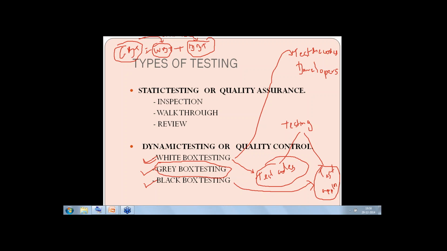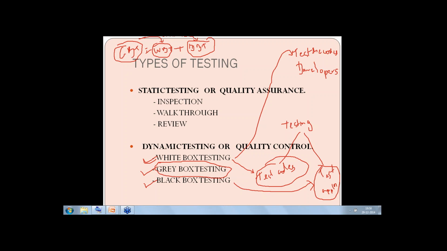I don't see the codes. I will test the application to check if it is logging in or not, if it is logging out or not. Can I compose the mail? Can I send the mail? That's basically a black box tester where I don't need the codes. Okay. Similarly, a black box tester is somebody who will not test the codes. He will only test the application from the end user perspective.